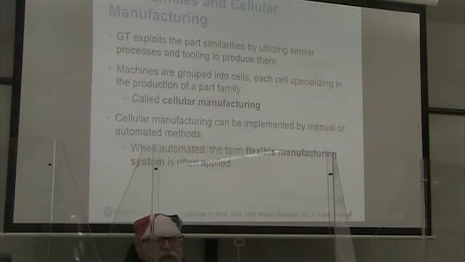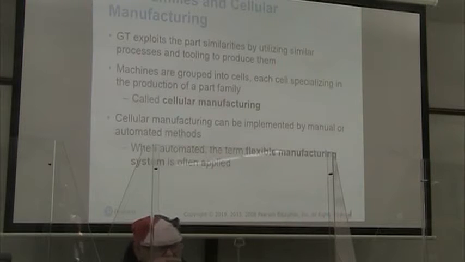So, part families in cellular manufacturing, we use group technology to exploit the part similarities, utilizing the similar processes and tooling to produce them. So our machines are grouped into cells, each cell specializing in the production of a part family.